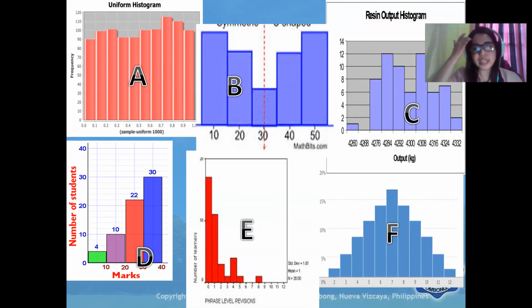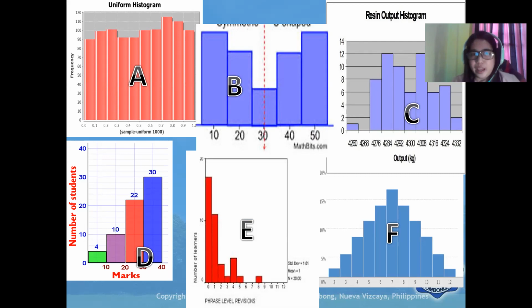And if your data is at least interval, then there is a need for you to determine whether the shape of the distribution is normally distributed or not, especially when you are identifying what appropriate measures of central tendency you can use to describe your data. So in this video, we are going to talk more about the normal curve.